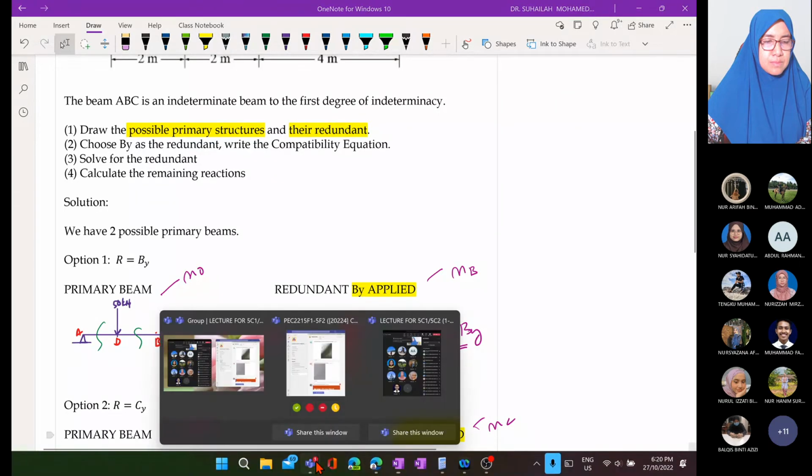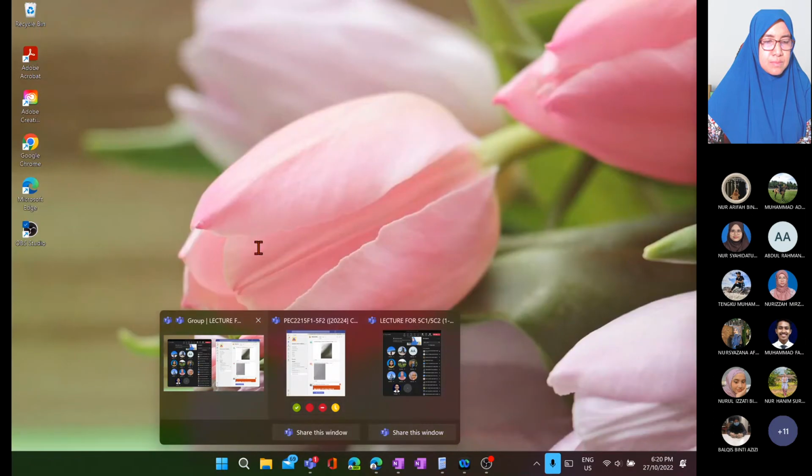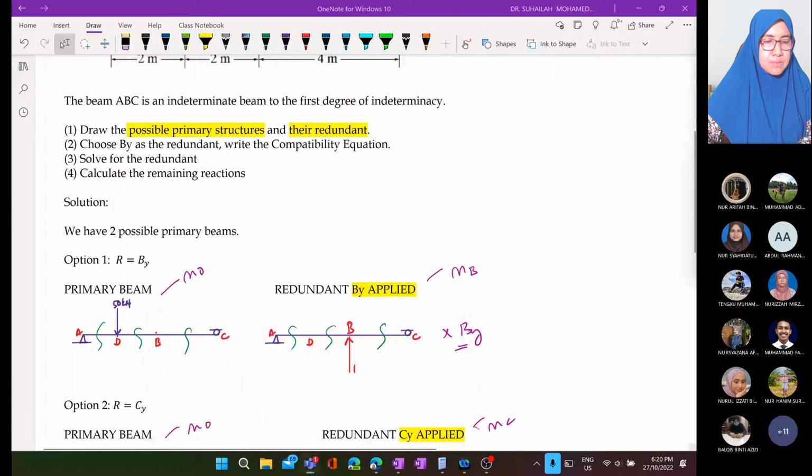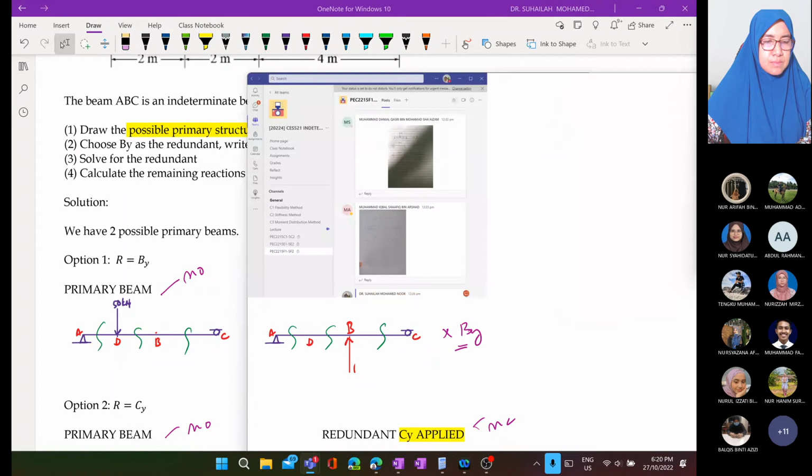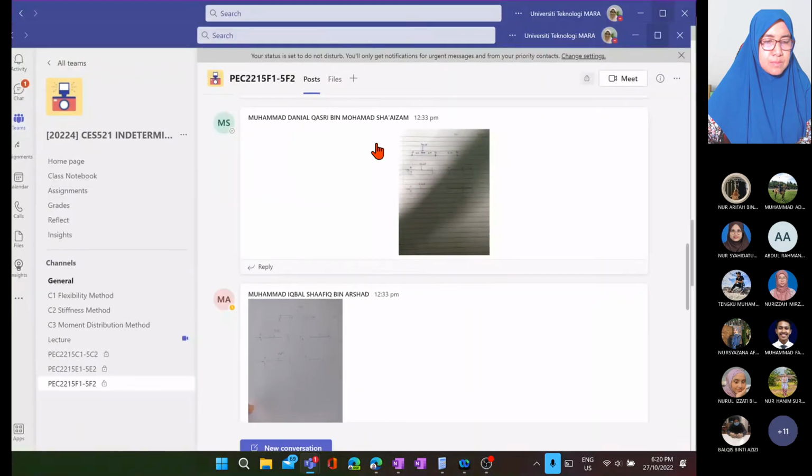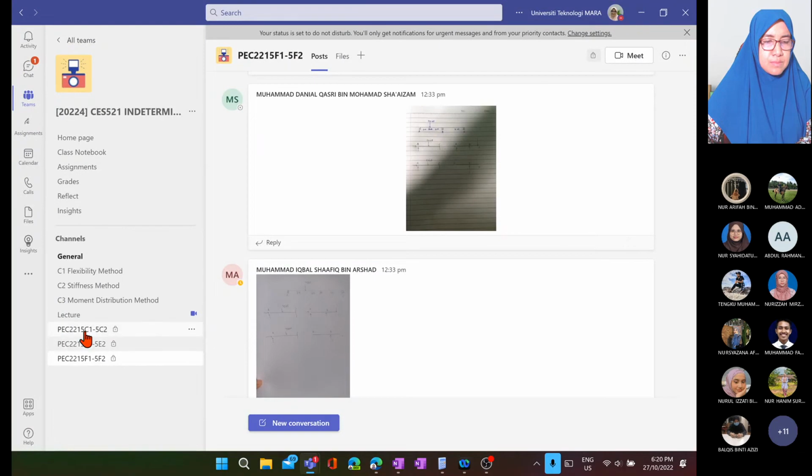I want to show to you, I have actually created the private group under Teams. This one, I will complete later. Now we have group C, group E and group F. And actually I haven't finished inviting you into this private group. So if you have anything to ask and you don't want to ask in the general channel, you can ask in the private channel.